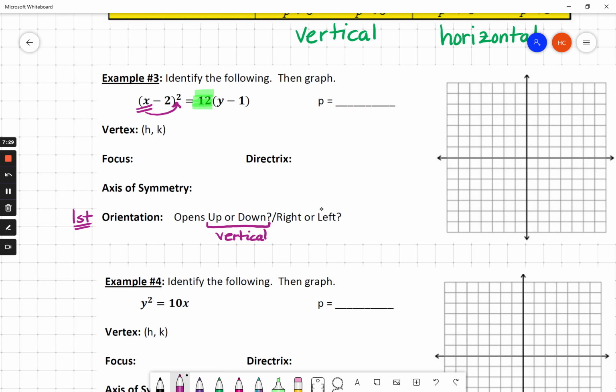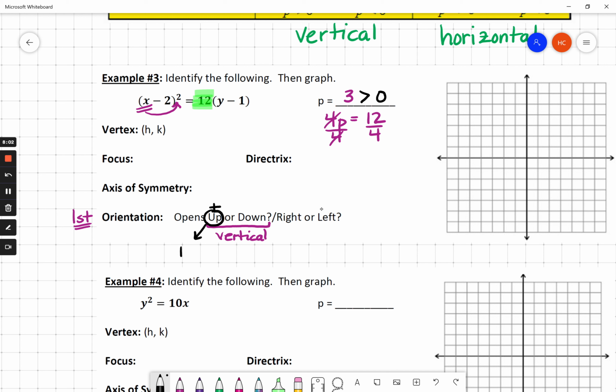You will take the formula of 4p and set it equal to the coefficient of your non-squared factor, and in this case it's a 12. I'm going to solve for p by dividing by 4 on both sides, and p equals 3. Now, because our 3 is a positive value, in other words, it's greater than 0, that means that we are going to choose an upward facing graph.